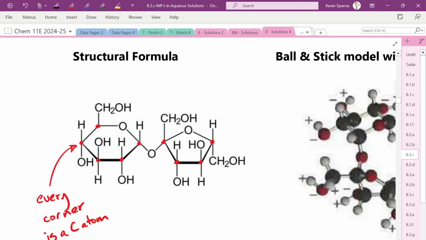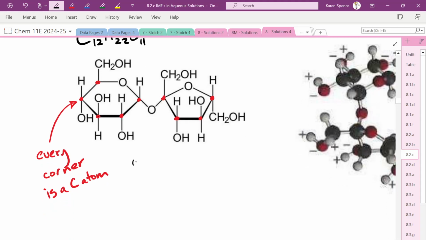And if you were to count up all of your carbons in this structure, you would end up with C12, and all your hydrogens, H22, O11. Okay? And the ending -ose tells you that you have a sugar.